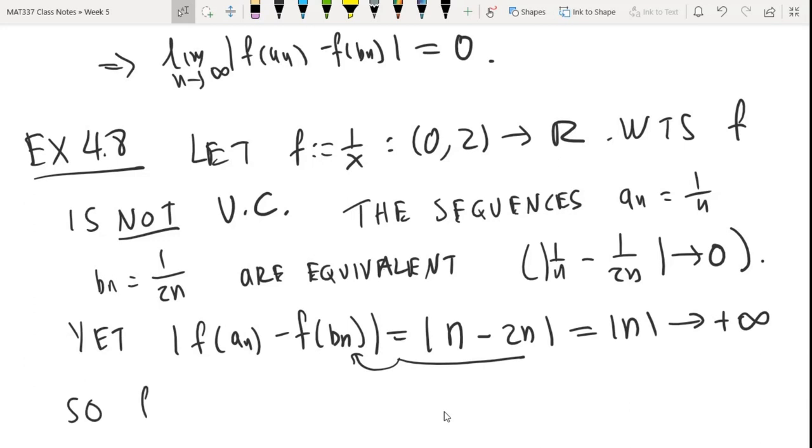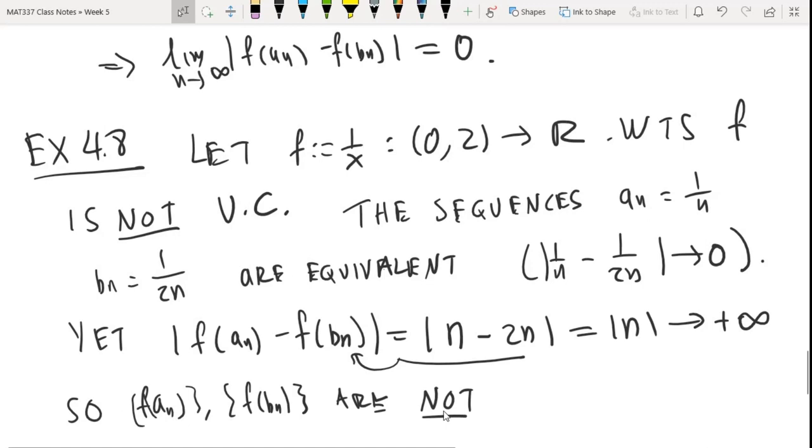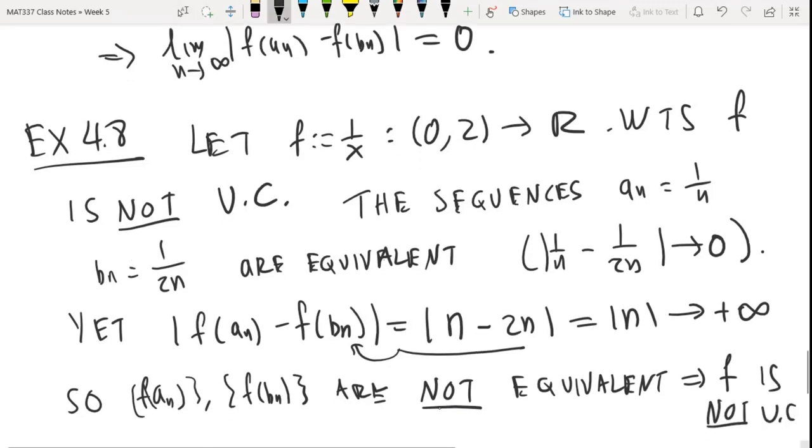So f of an and f of bn are not equivalent. So f is not UC. Is that okay?